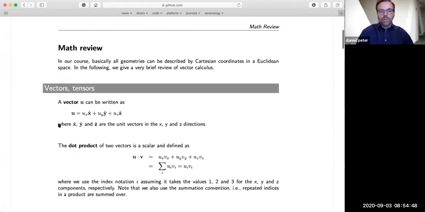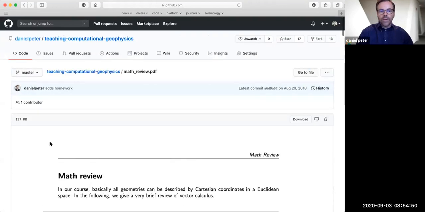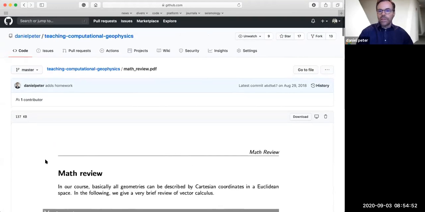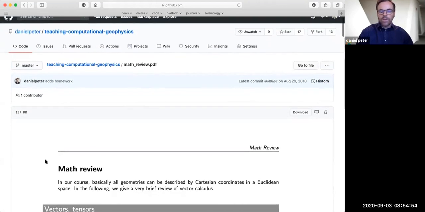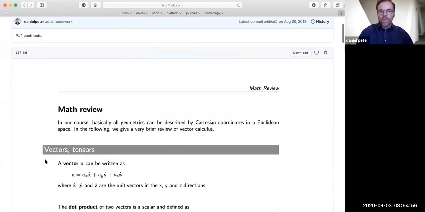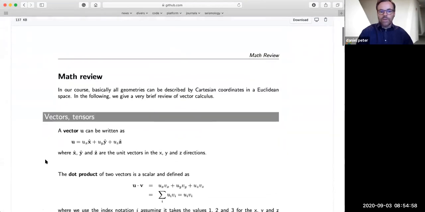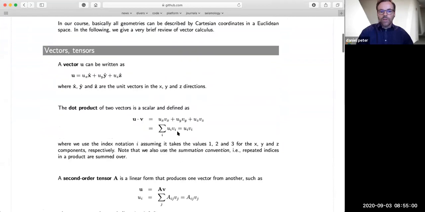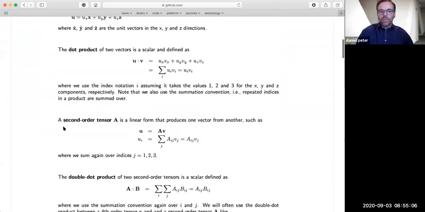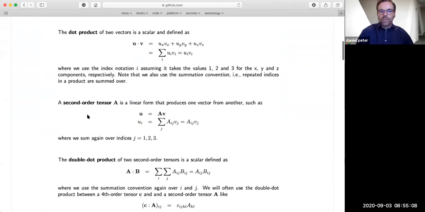Then this is the little math primer, or cheat sheet, about math, something that we often use. So how you would, for example, define the dot product between two vectors. What would be a tensor vector product?